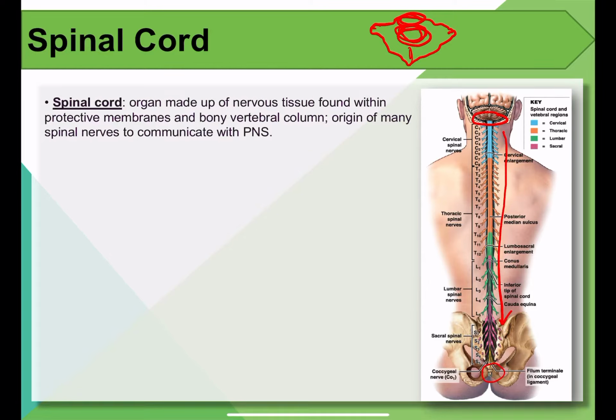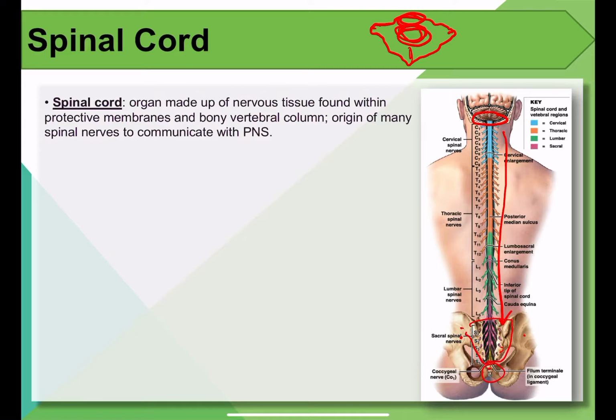Remember, at the end of your vertebral column, you have your os coxa on the left and right side, and you also have the sacral bone. And the sacral bone forms a fused bone with the coccyx bone. So the whole spinal cord travels all the way down to that particular region.